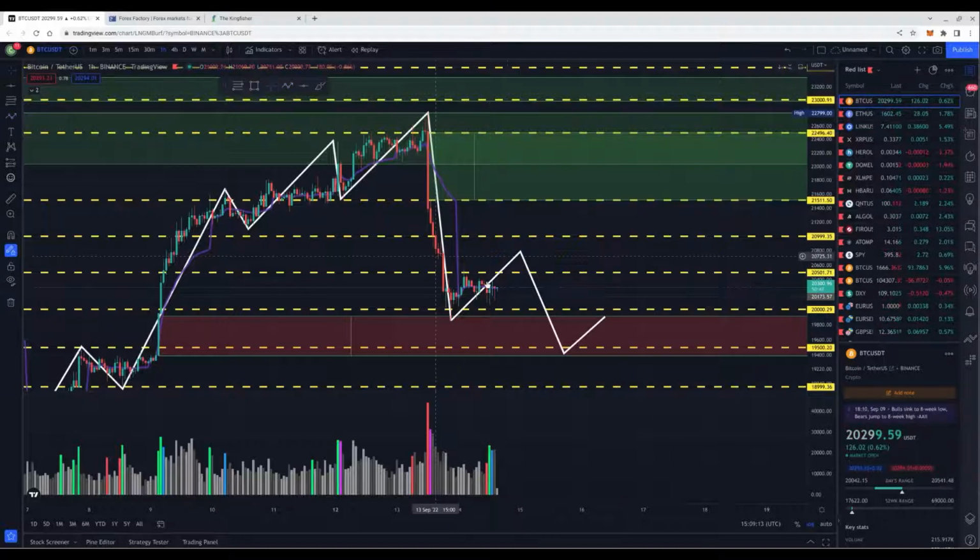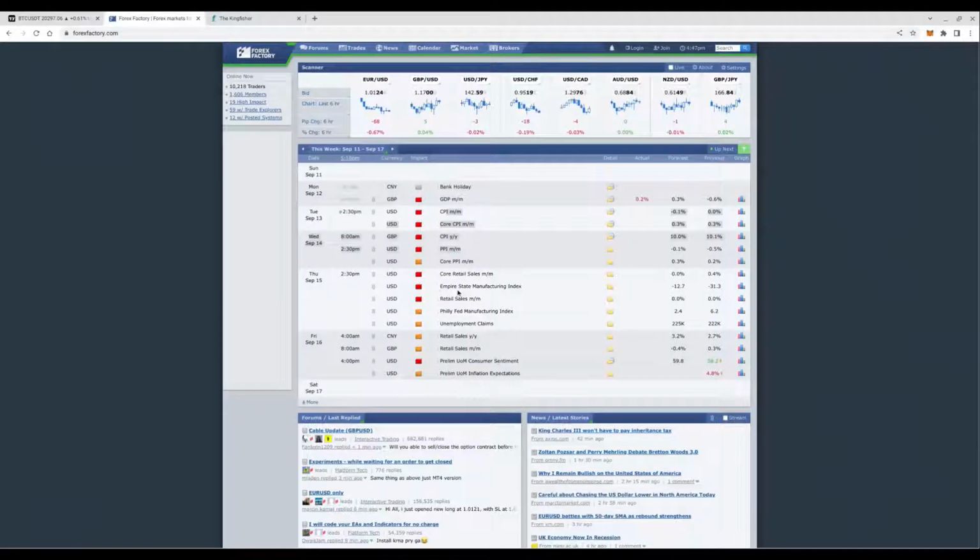That will come later. So what we need to figure out is, do we go long or do we go short? Well, it's a tough question. We can see that we are in some kind of range, in a consolidation. And we also had news today.